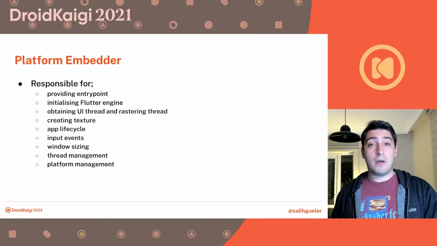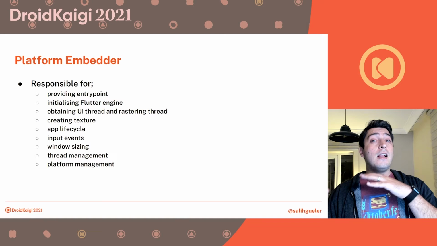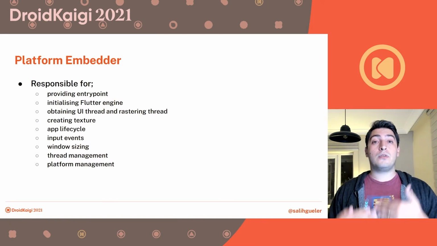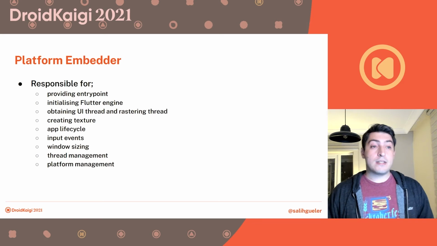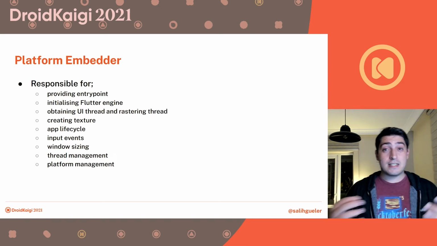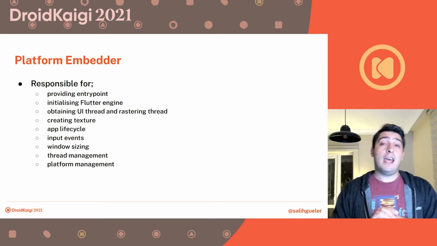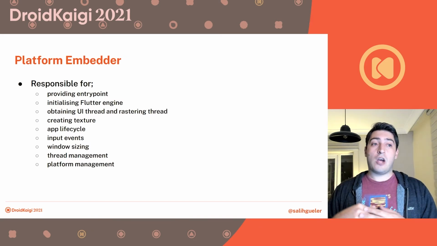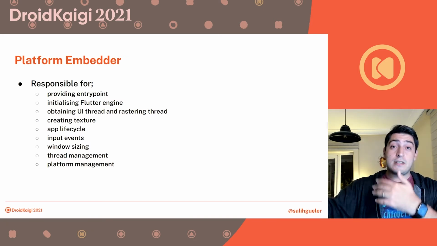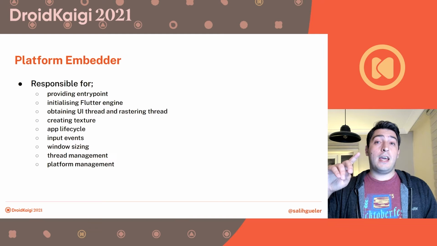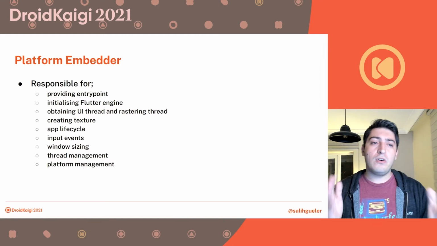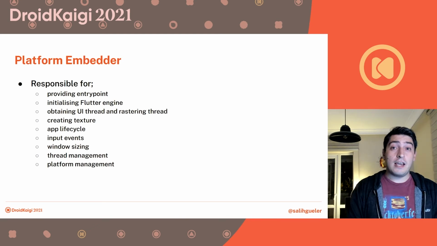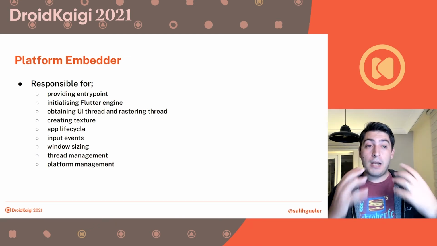The platform embedder is created by, as I said, the Flutter people for the language that the host belongs to, and it provides us an entry point and initializes the Flutter Engine inside it, and it gives us a chance to reach out to the UI thread and the raster thread, and it gives us a texture environment, app lifecycle, and many more information that we can have out of the platform itself.